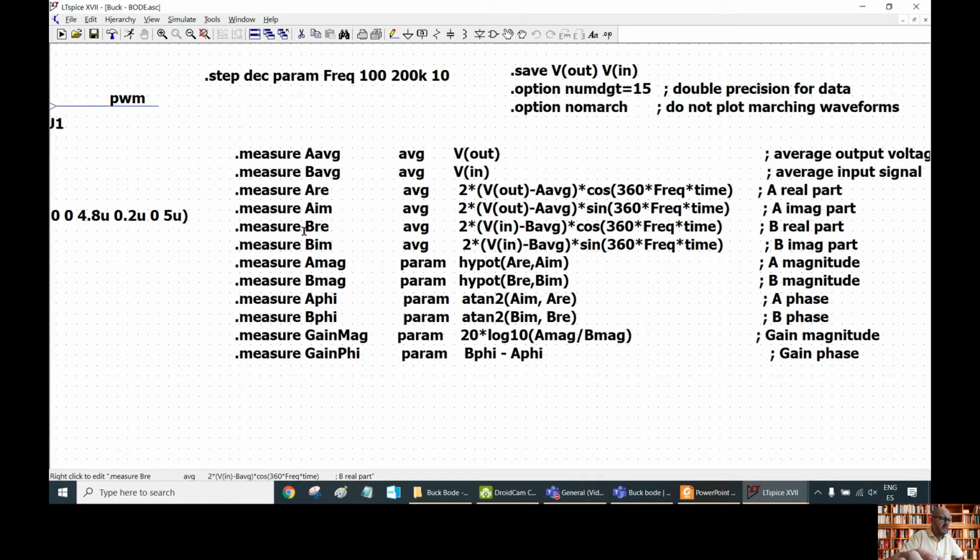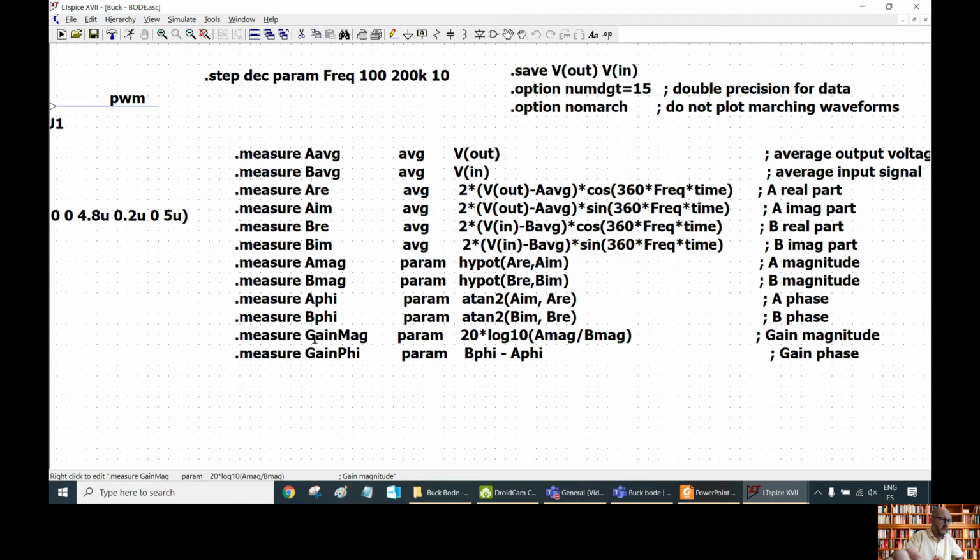We do exactly the same for the real part and the imaginary part at the input. Then we calculate the magnitude at the output using the hypot expression, then the magnitude at the input, then the phase at the output and the phase at the input, as we have seen, using the atan2 expression.